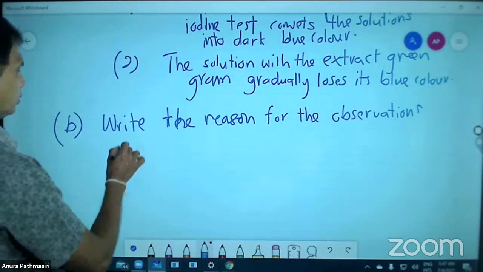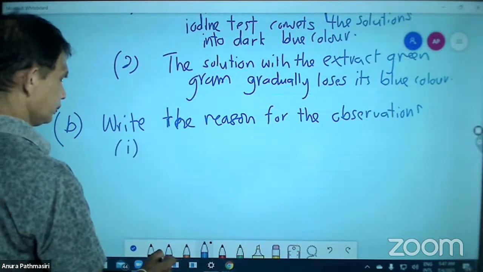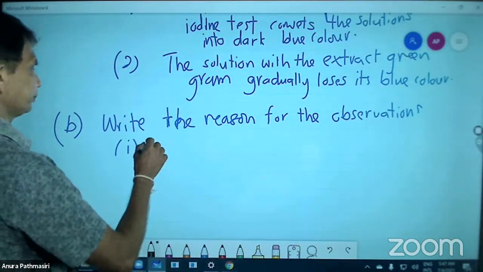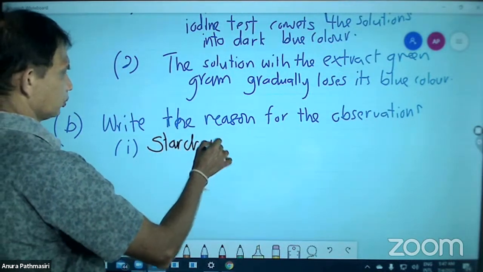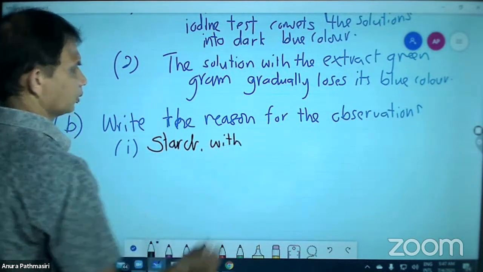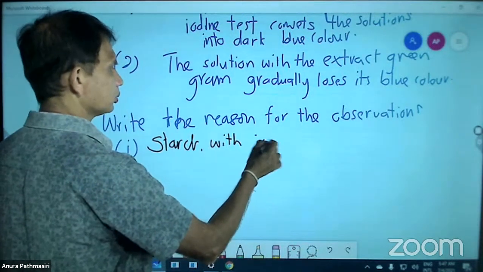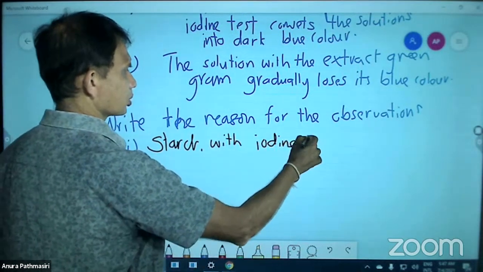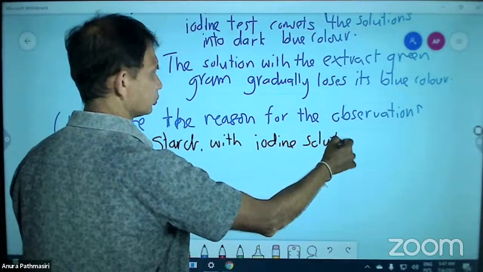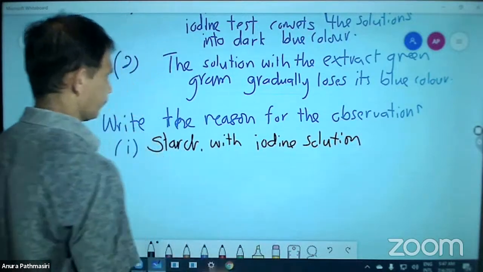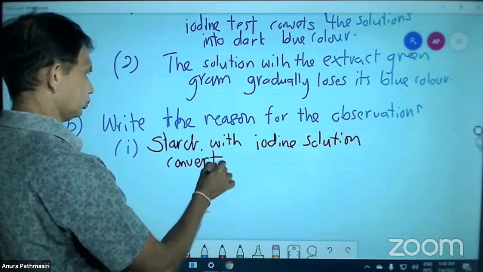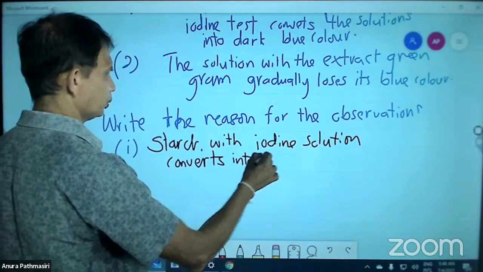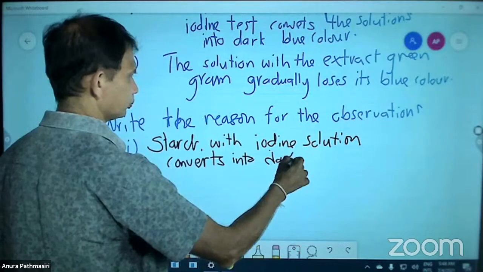First, the starch with iodine solution converts into dark blue color.